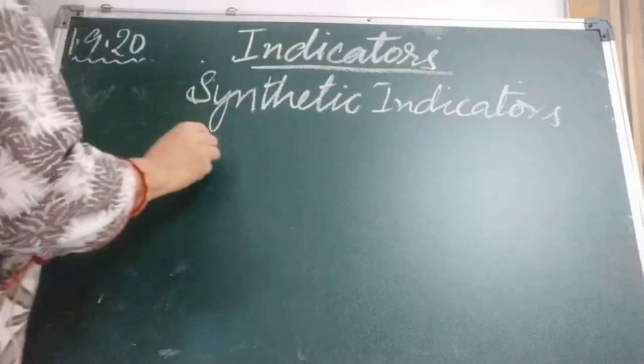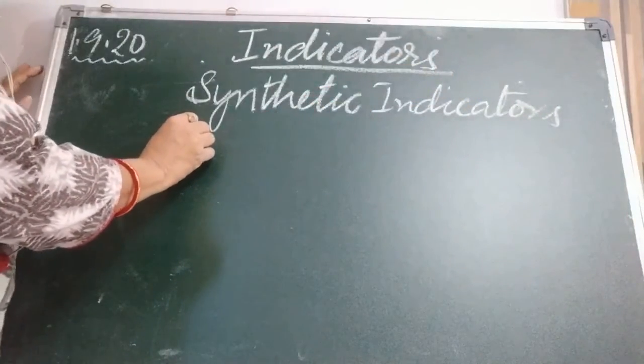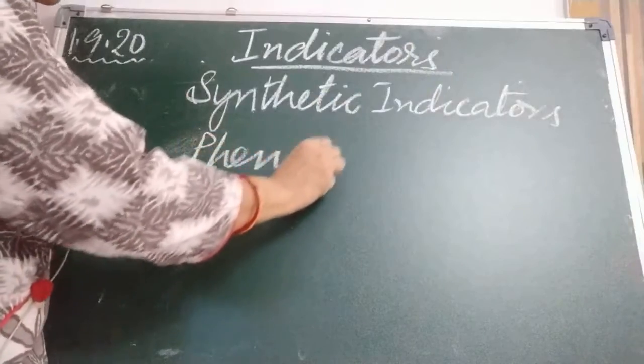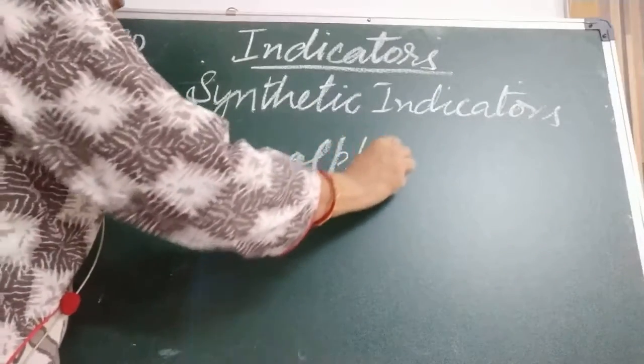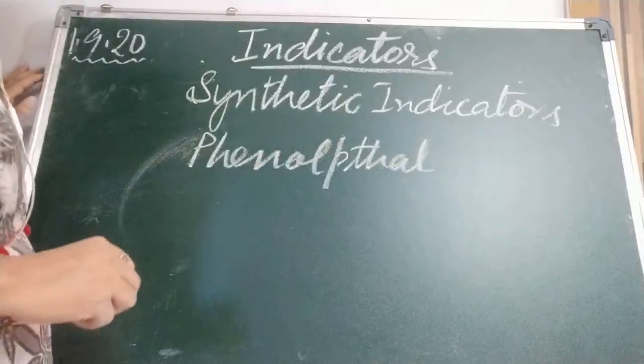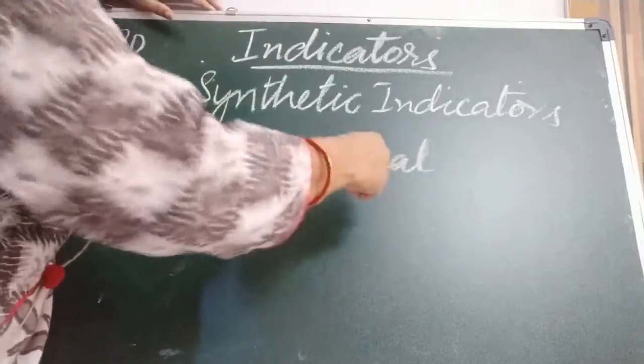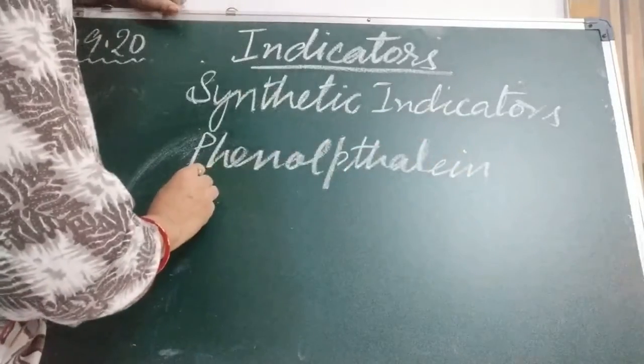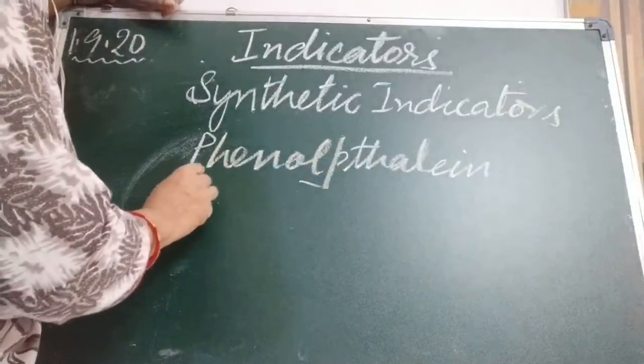Synthetic indicators are, first, phenolphthalein. The spelling is phenol, P-T-H-A-L-E-I-N. The L is silent.